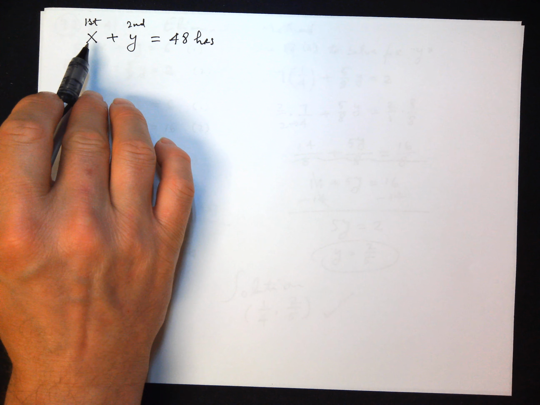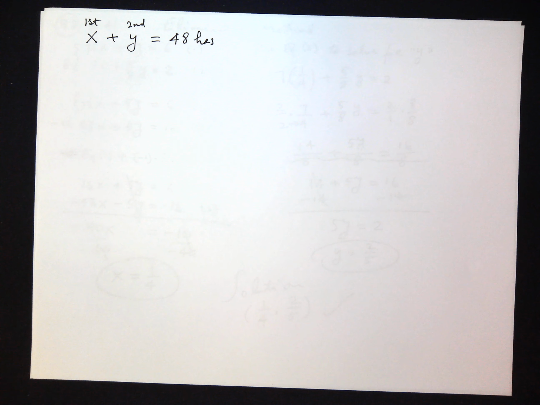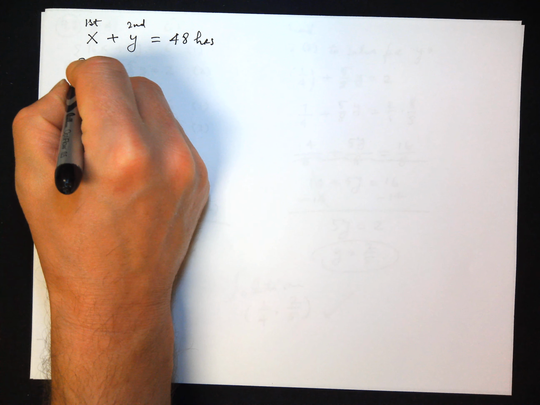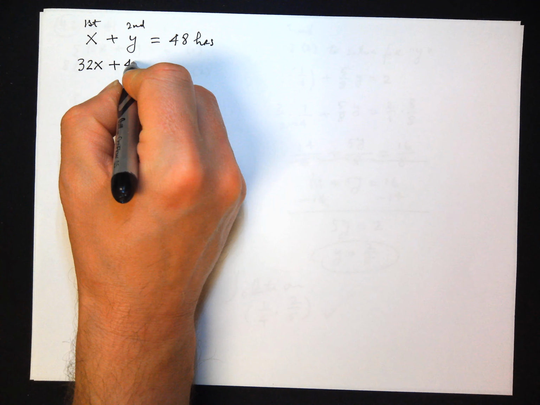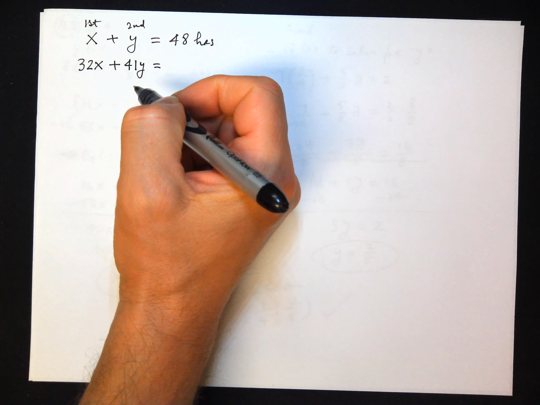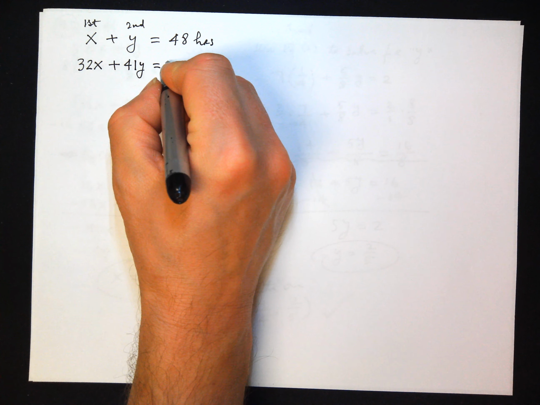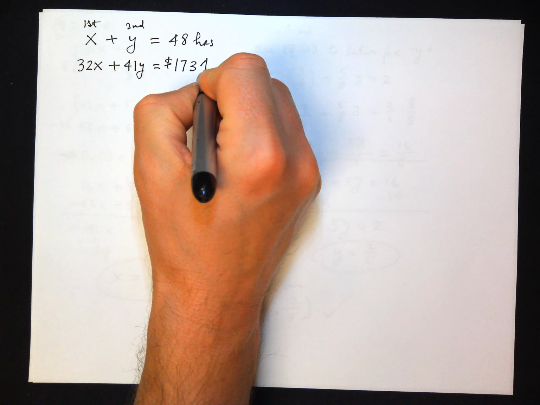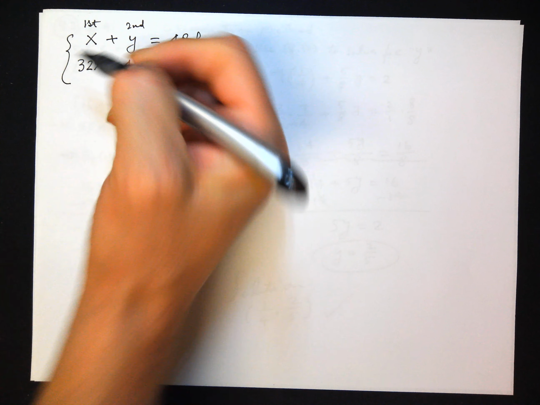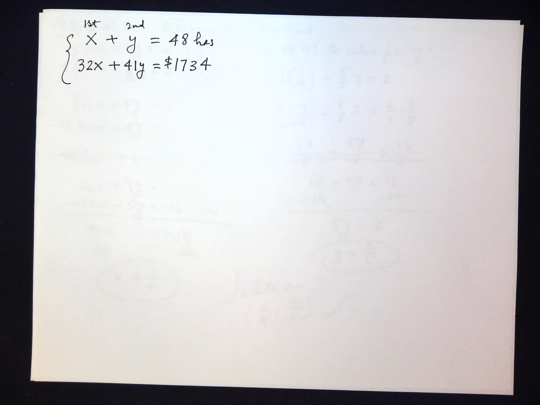So these are hours, and we know that one welder earns $32 per hour, and the other one earns $41 per hour, and the total they earn together is $1,734. So honestly, with word problems, once you are able to establish the system of two linear equations, it's practically done. I mean, assuming that we know how to solve these.